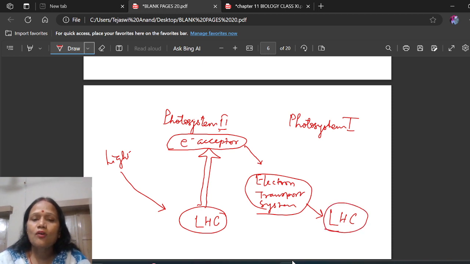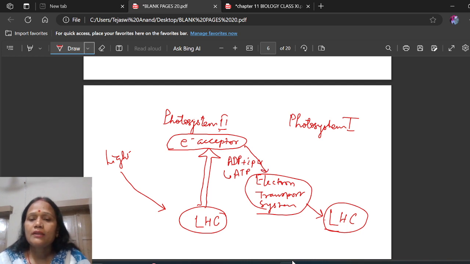During this transfer of electrons, the electron is not utilized, but ADP combines with one inorganic phosphate forming the ATP. Here ATP is formed.